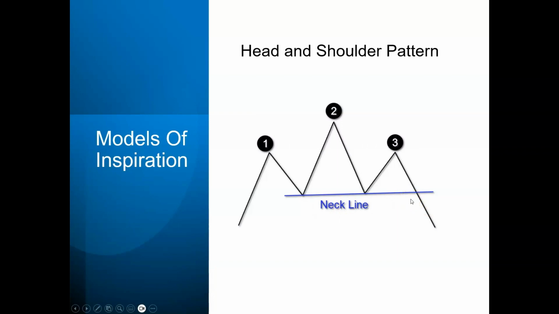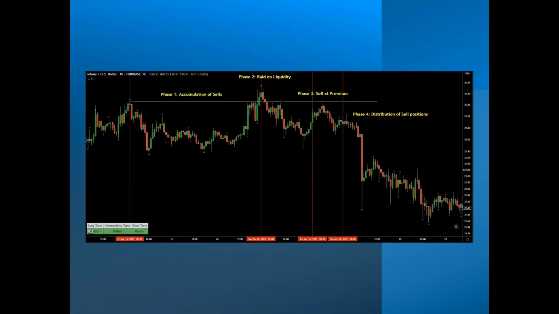Again, we're simplifying everything, but then we're adding some characteristics of things to expect during phase one, things to expect during phase two, and then during phase three, and then we have an extra one called phase four, which I guess if you think about it here, would be after the neckline, but again, we don't mention that at all. So this is what it would look like right here.